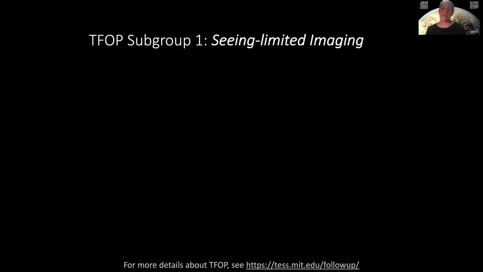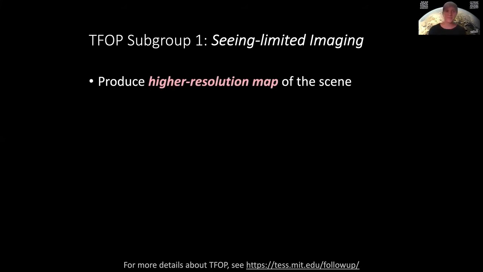The first of those subgroups is the Seeing Limited Imaging Group. This group contains many amateur astronomers who use backyard telescopes to observe planetary transits, in many cases to observe stars that might actually be eclipsing binaries, and then report their observations online to share them with the community.